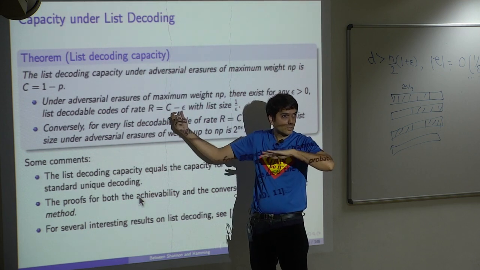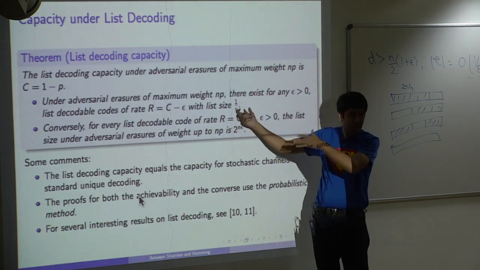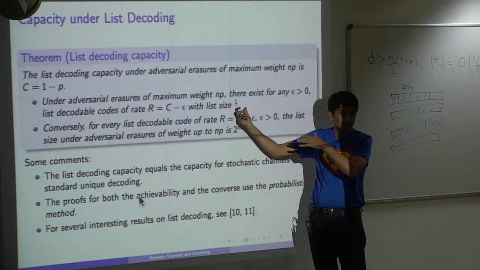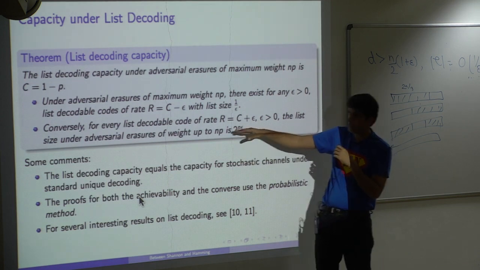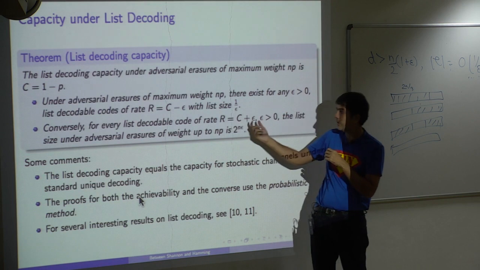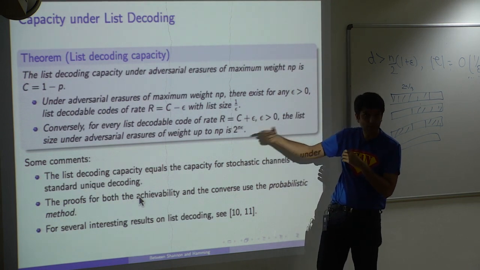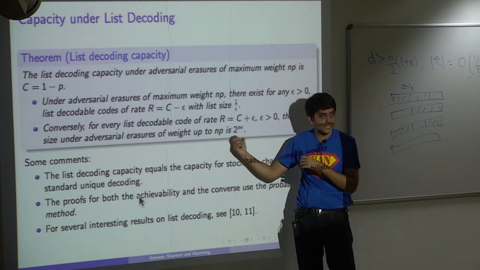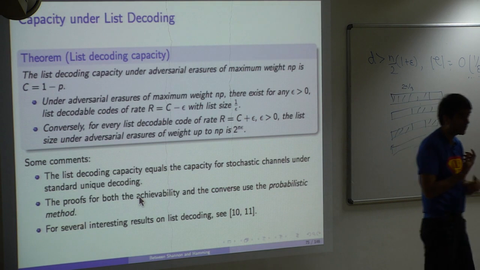Okay, so it's list decodable at the Shannon capacity minus epsilon with list size, well, in this case constant, order 1 over epsilon. And conversely, if you demand a list decodable code of rate C plus epsilon, then the list size must be at least exponential, at least 2 to the n epsilon. Okay, so this is what a converse for list decoding would look like, and it's kind of strong.